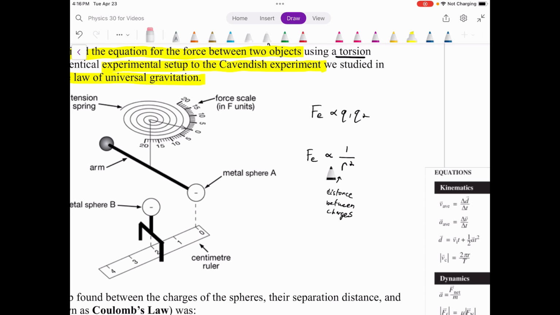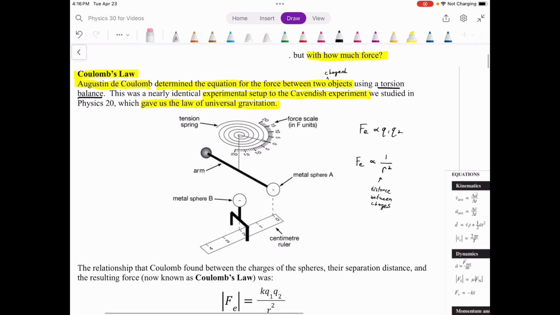We make it 4 times smaller, right? Because r is getting squared. So, if r goes from 1 meter to 2 meters, we're now dividing by not 1 over 2, right? It's 1 over 2 squared, 1 over 4, right? 2 squared is 4. So it's an inverse square relationship.